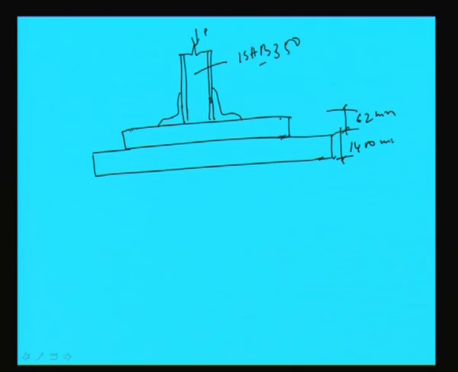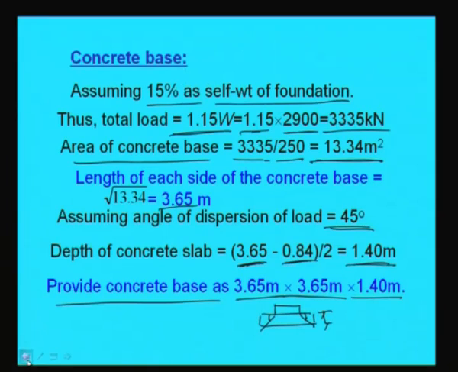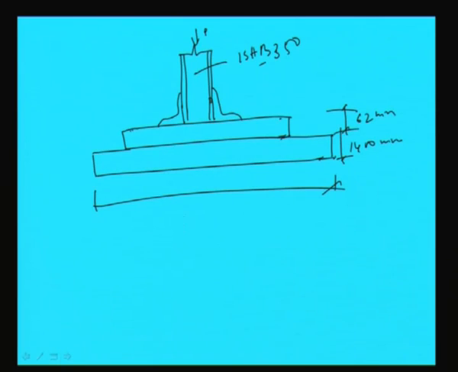And this will be the 3650 concrete length and width, and base plate length and width will become 840 millimeter, right. Now we have to provide some bolt here, and here we have to provide some anchor bolt, right.